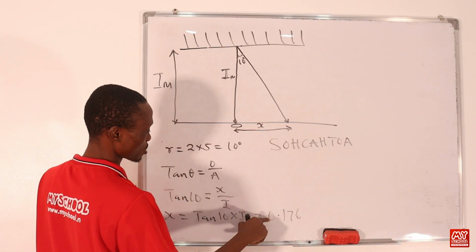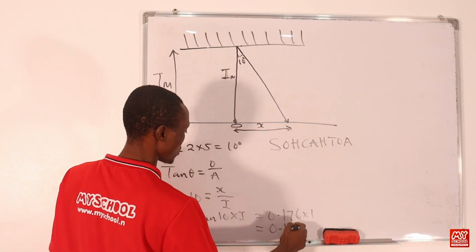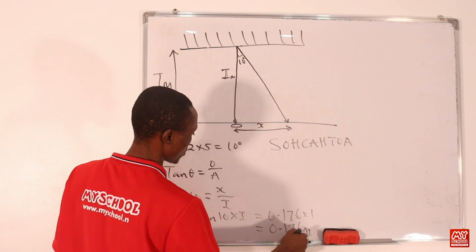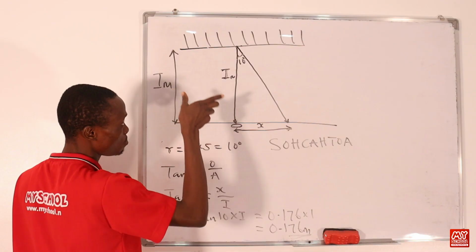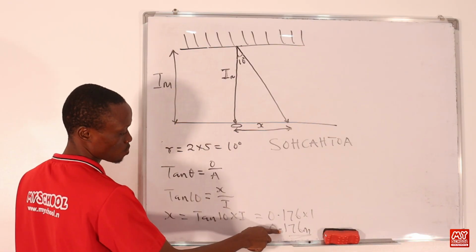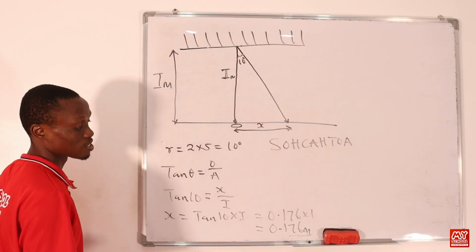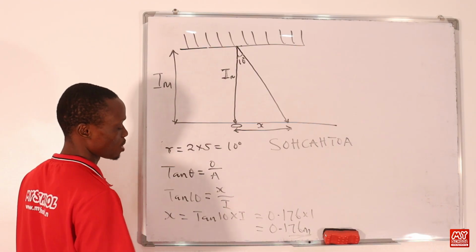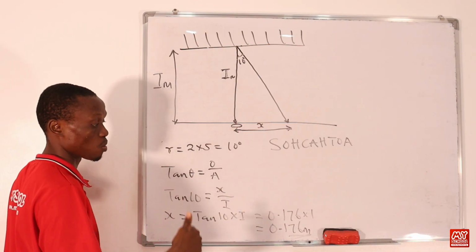So 0.176 times 1 is still the same thing as 0.176 meters. So the displacement of the spot when the mirror is rotated is equal to 0.176 meters. Of course, we can convert this to centimeters, right? To convert from meters to centimeters, we simply multiply by 100.